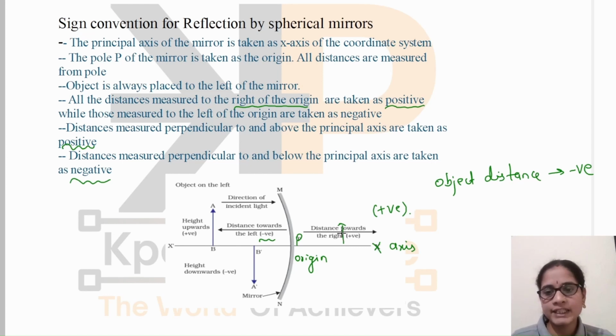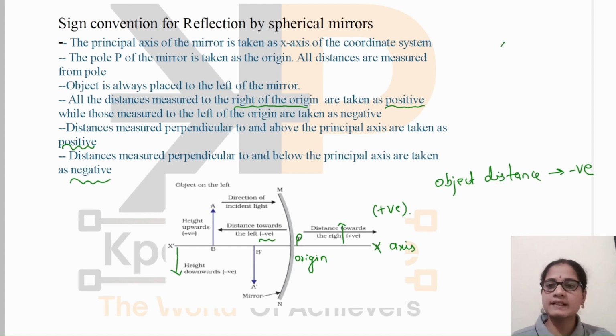If we are getting the image on the right side of the mirror, the image distance is positive. If we are getting the image to the left of the origin, the image distance is negative. It depends where the image is formed. If on the right side of the pole, it is positive. If on the left side of the pole, it is negative.